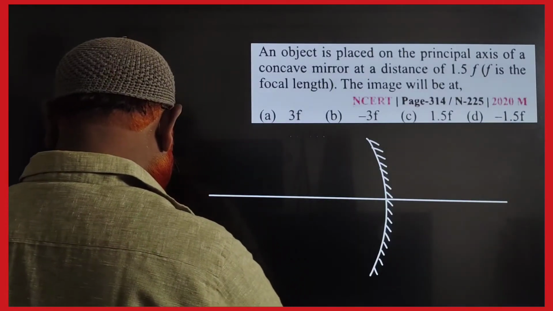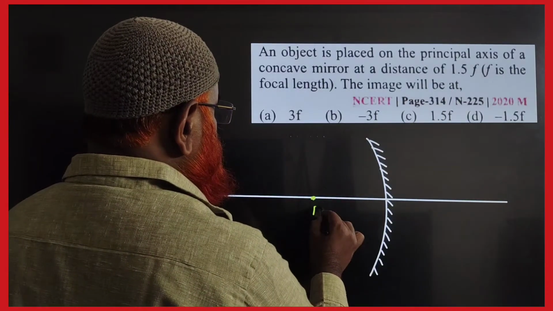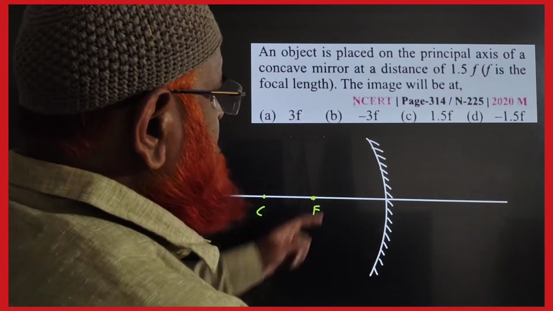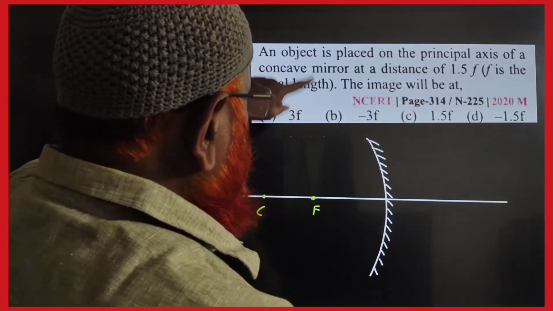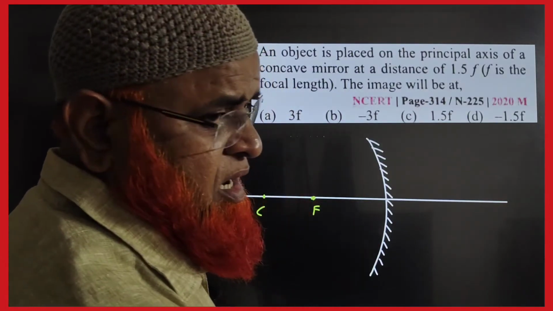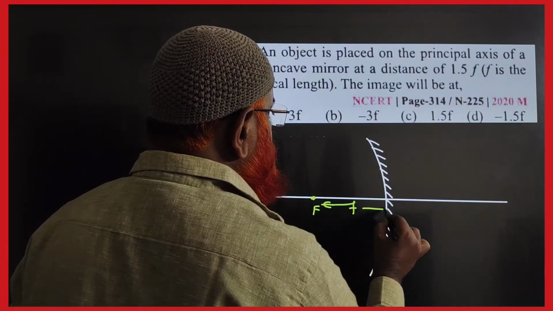So this is a concave mirror. This is going to be the focal point. This is center of curvature. An object is placed on the principal axis of a concave mirror at a distance of 1.5 times of the focal length. So this is the principal focus, means this length is going to be f.